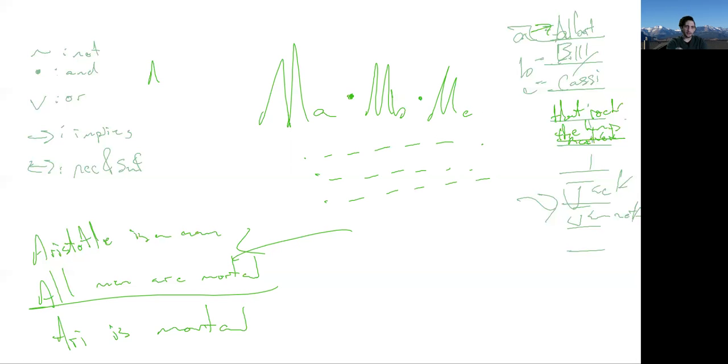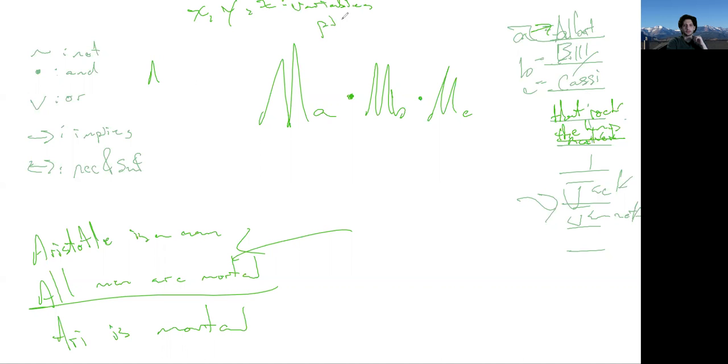So instead of that, this is where those lowercase letters at the end of our alphabet come into play, and these are going to be called variables. So x, y, and z are all just variables.